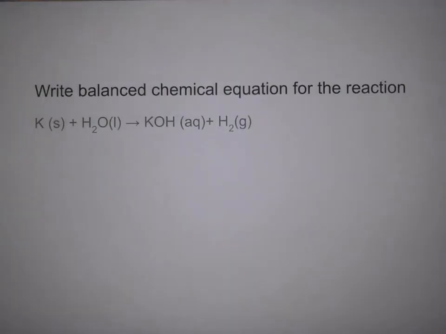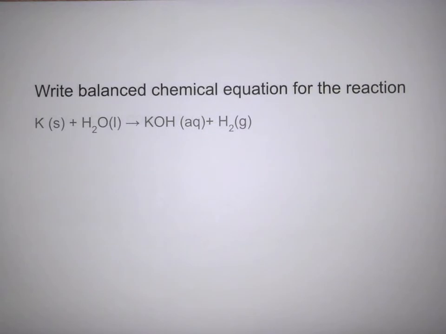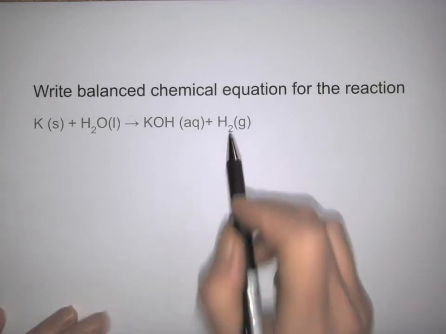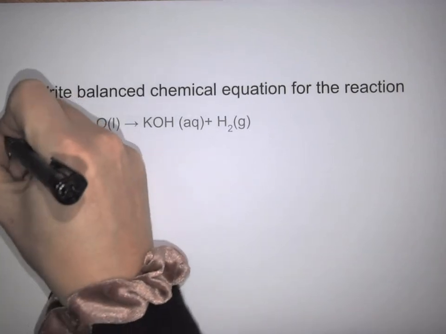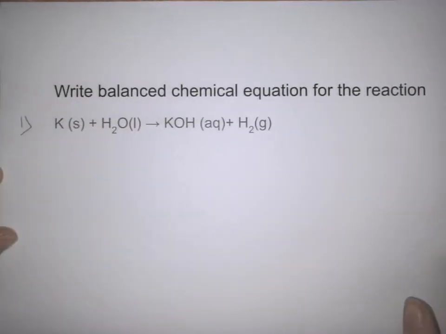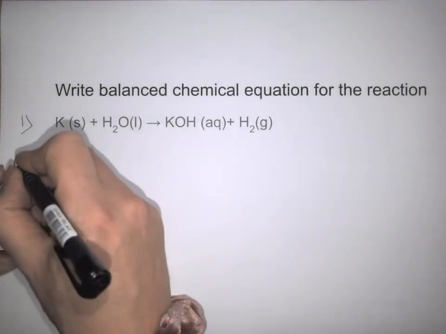I will now have some different examples of that. We can start with potassium in solid state that reacts with water, and that would create potassium hydroxide. We also have hydrogen gas here. So step number 1 was to state the chemical symbols. That is already done, so we can go to step number 2.